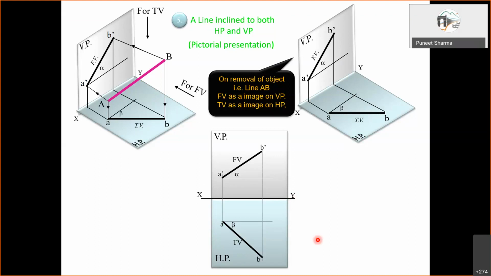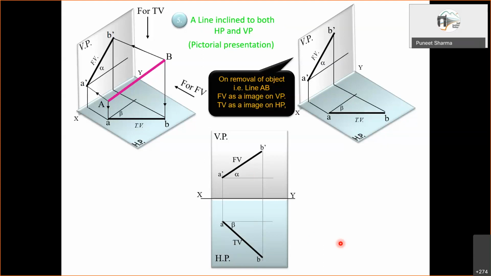Secondly, this alpha and this beta, neither of these will give us the true inclination of the line with any of the planes. As I had mentioned, I'm repeating again, theta and phi we will use as standard names for the true inclinations of the line.